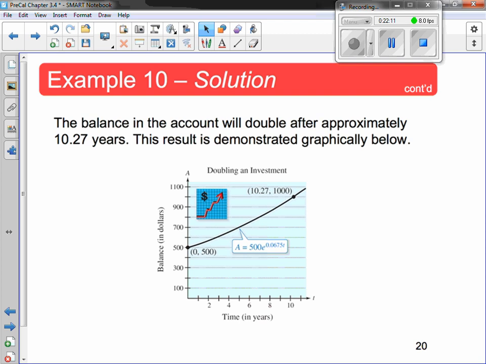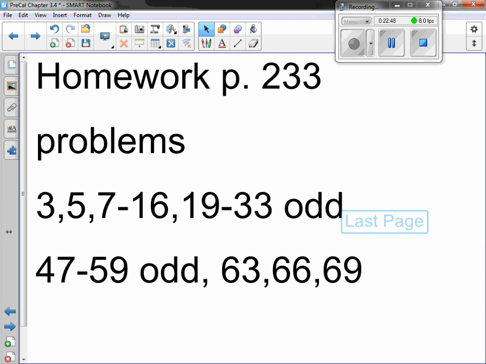So 10 years and 3 months. 0.27, let's just say 0.3 times 12 would be 3.6. 3 times 12 is 36, move the decimal over 1. Yeah, 3 months. You're right, 3 months to get there. So interest does take a while to add up and accumulate, but that's it.